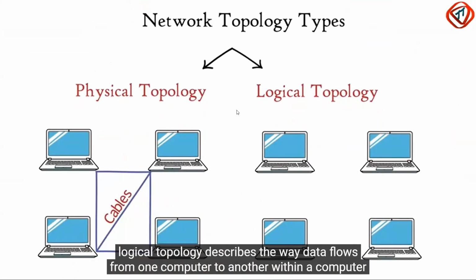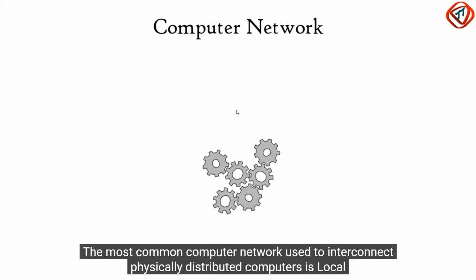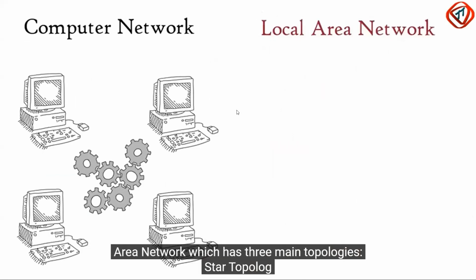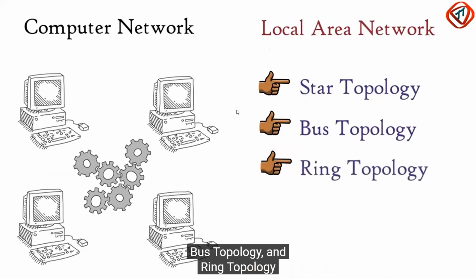Logical topology describes the way data flows from one computer to another within a computer network. The most common computer network used to interconnect physically distributed computers is local area network, which has three main topologies: star topology, bus topology, and ring topology.